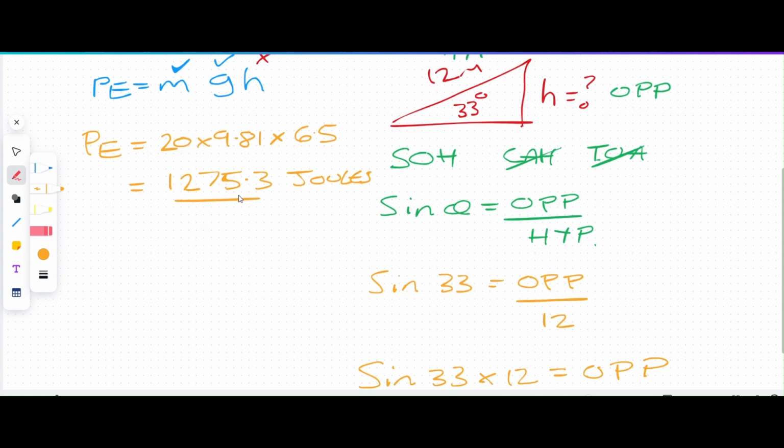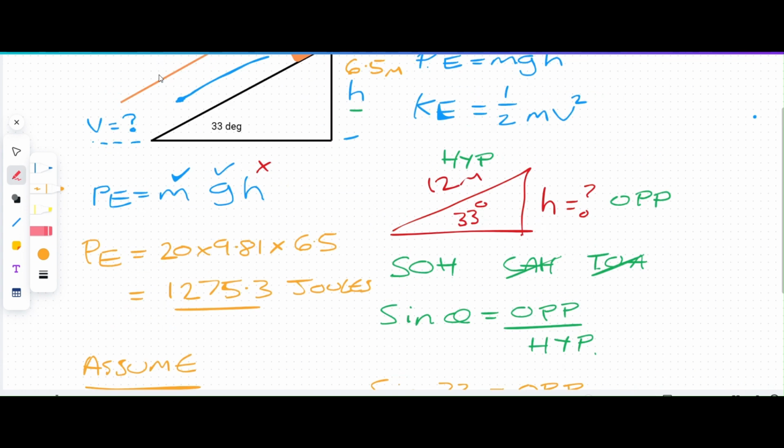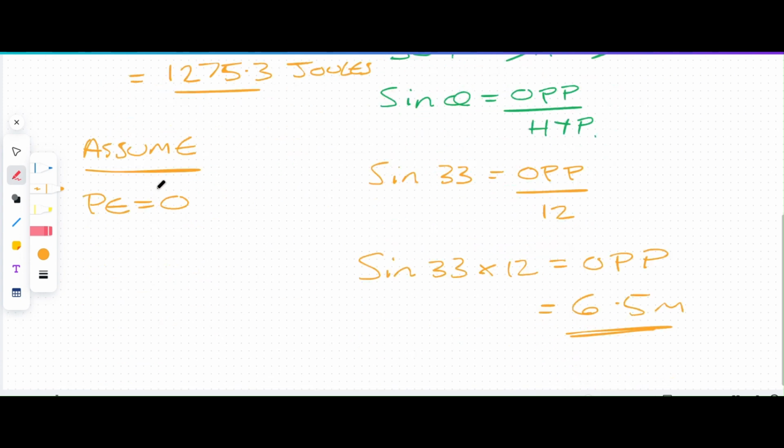So I'm going to assume, don't assume a lot of things, right? Assume at the bottom of the slope, PE equals 0. It gets to the bottom of the slope, the height is 0 down here. There's 0 height. I'm assuming that. So PE is 0. So that energy has got to have gone somewhere as it comes off the slope, the precise moment.